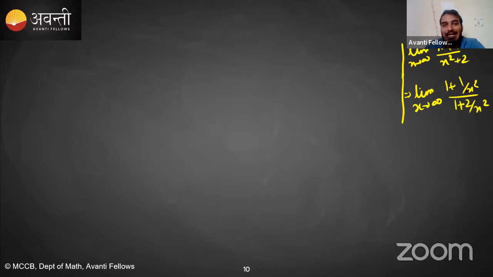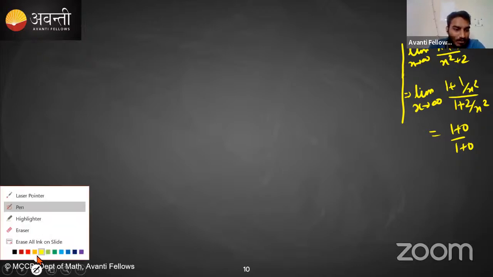And now substitute x is equal to infinity. So this can be written as 1 plus 0 upon 1 plus 0, right? Why are we able to do this? Because the highest power of the numerator and the denominator when x is tending toward infinity is equal. Yes or no?